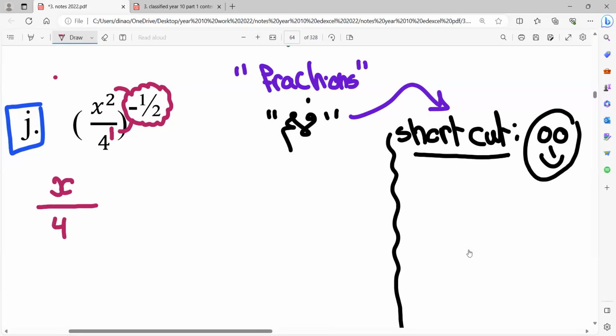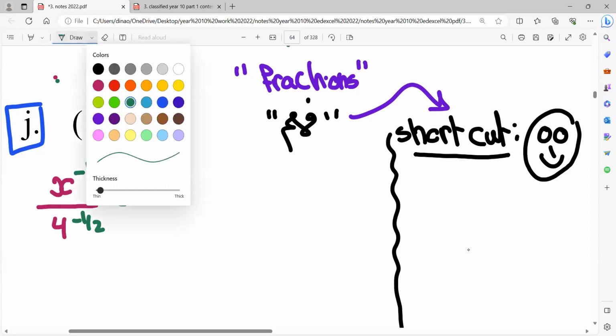Now let's do the multiplication. Negative half times 2 is negative 1, and negative half times 1 is negative half. So we multiply the power outside with the powers inside.